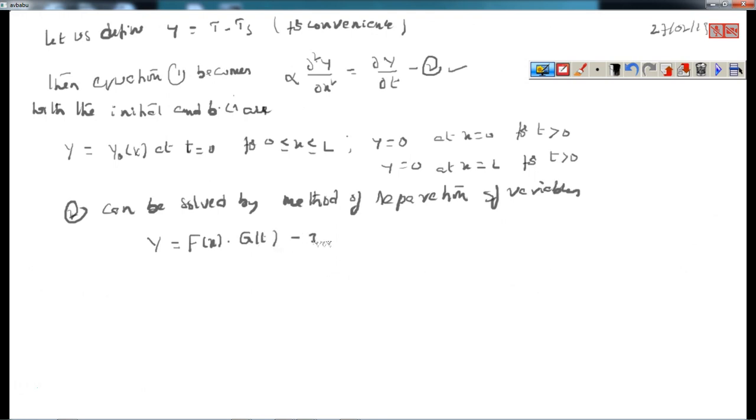This is equation 3, where f is a function of x and g is a function of t alone.